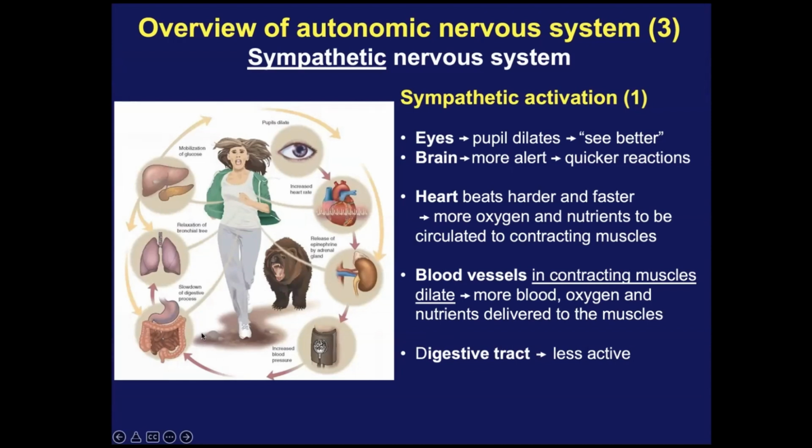In contrast, the digestive tract or the GI tract becomes less active during this activation because the activities of this tract are not required during the fight or flight responses.